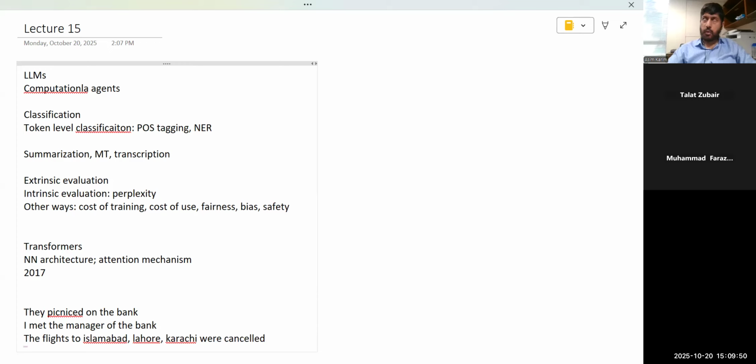So were is a plural. Were is a plural. So let's say if you wanted to predict this word were, given the context that appeared before it. So the best prediction, as we know from this sentence, is the plural word, not the singular was, because flights is plural. ठीक है. If flight was singular, तो ये आगे were was होना चाहिए था.